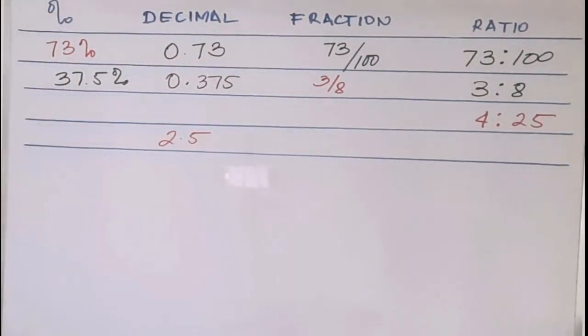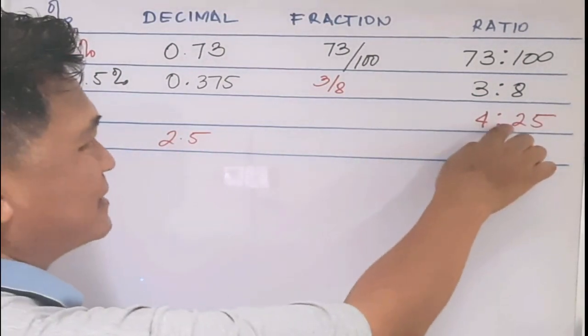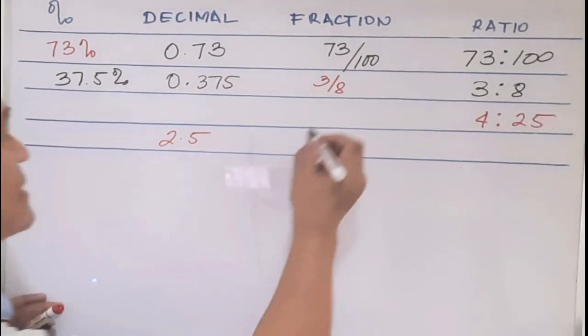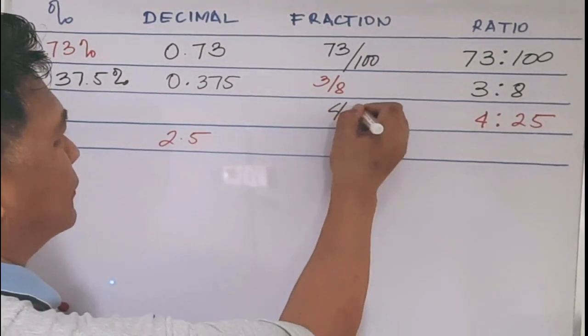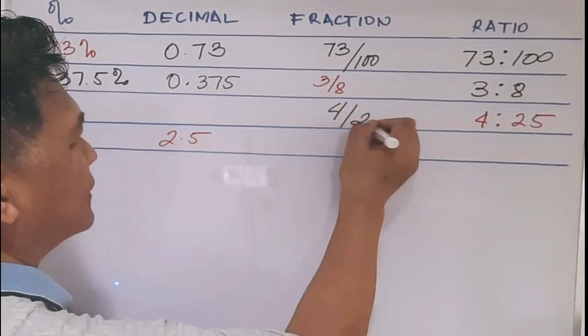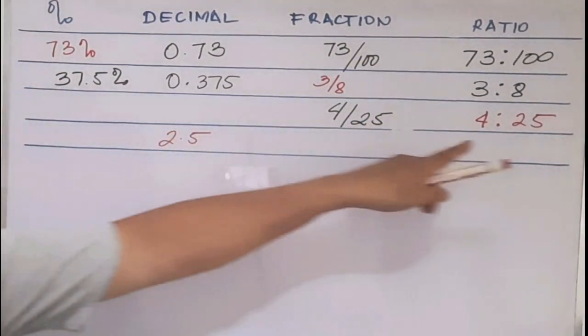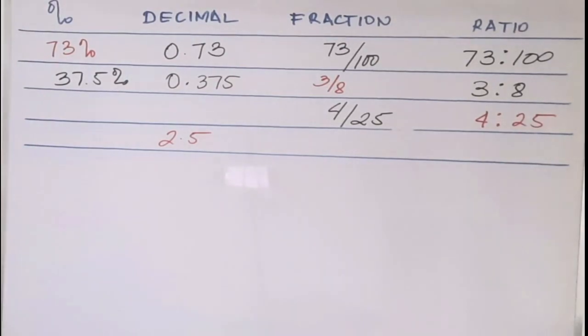Next is to solve our example: convert the ratio 4 is to 25 into percent, decimal, and fraction. Converted into a fraction, that becomes 4 over 25. That is the fractional value of the ratio 4 is to 25.